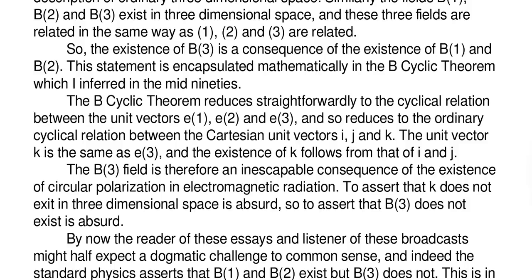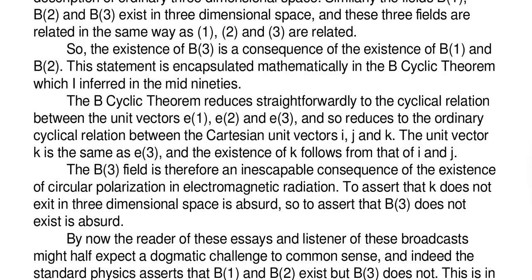This statement is encapsulated mathematically in the B-cyclic theorem, which I inferred in the mid-90s. The B-cyclic theorem reduces straightforwardly to the cyclical relation between the unit vectors e1, e2, and e3, and so reduces to the ordinary cyclical relation between the Cartesian unit vectors i, j, and k.